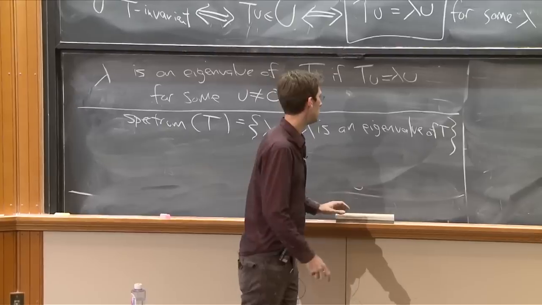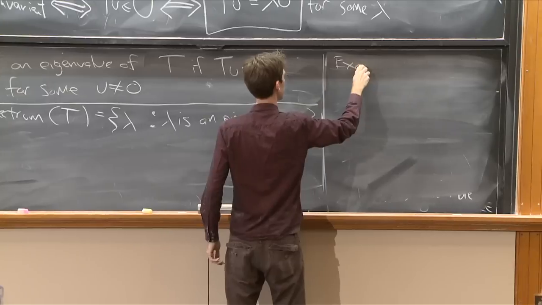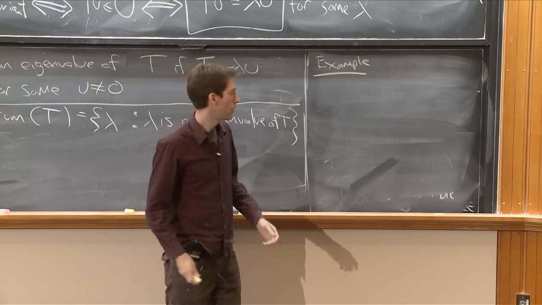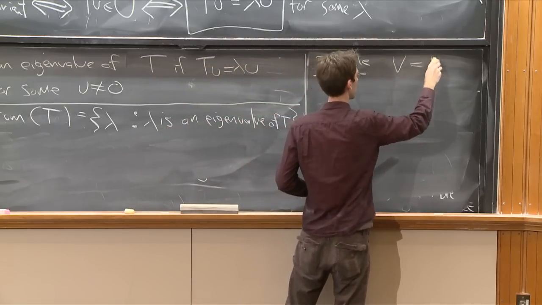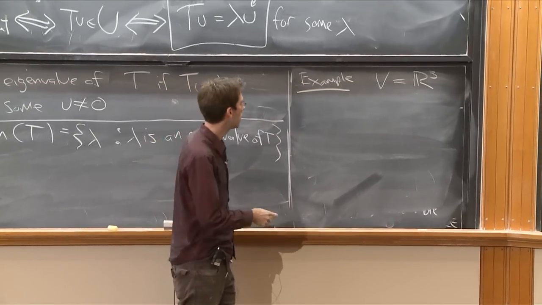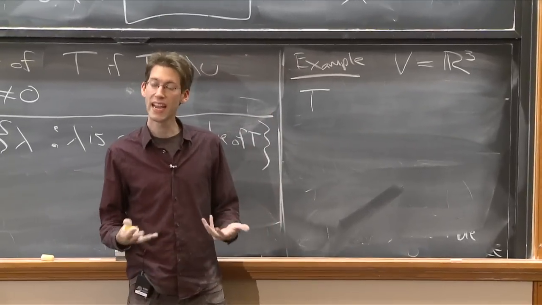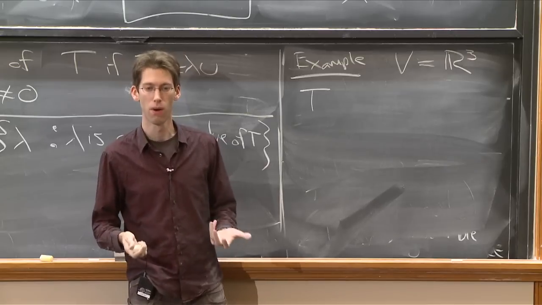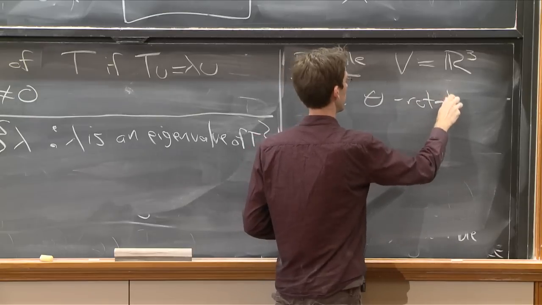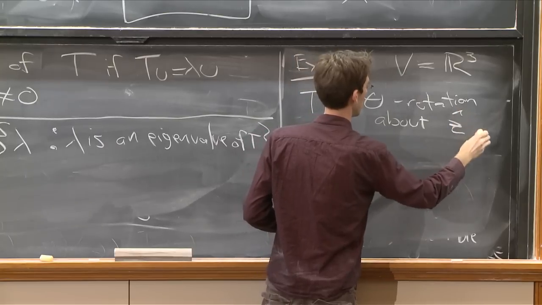So one example that I'll consider is the vector space will be the reals, 3D real space, and the operator T will be rotation about the z-axis by some small angle. Let's call it a theta rotation about the z-axis.